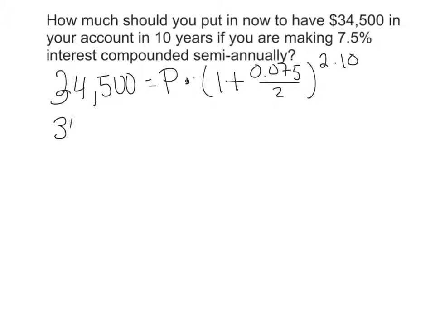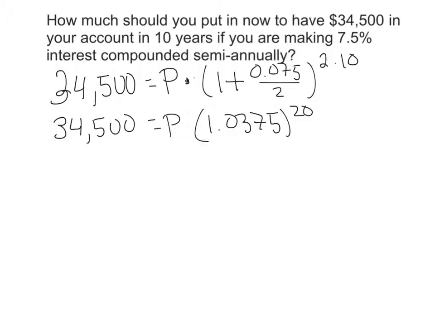So of course this says 34,500 equals a principal times 0.075 over 2 gives us 0.0375, so we have 1.0375 raised to the 20th.